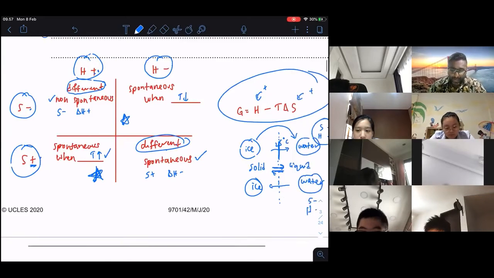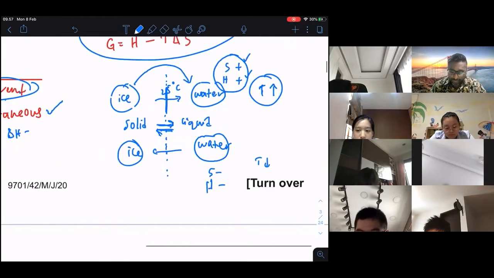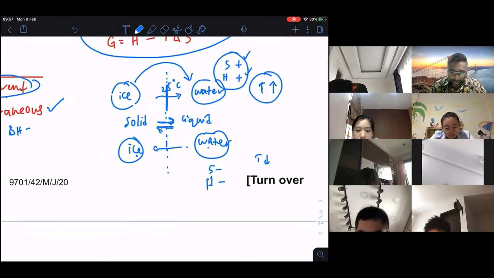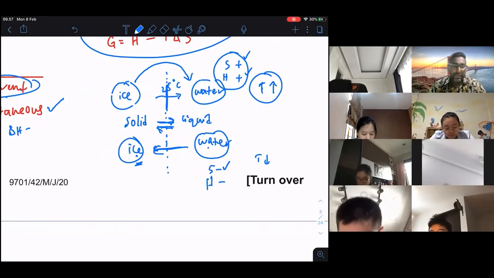And the next one, if you want to identify, you see ice, water. In order to change water to become ice, what you are trying to do is decrease the disorder, minus, which means entropy is negative. And then it is going to be an exothermic reaction, water becoming ice, they release energy.